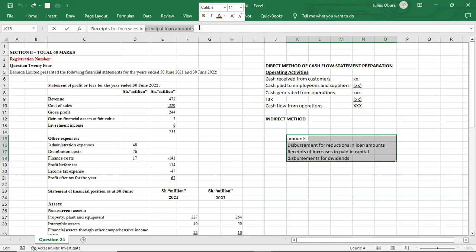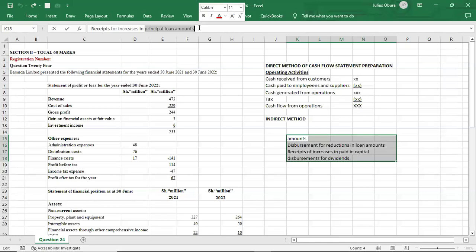The interest on that loan, normally, you will classify it under operating activities, because the argument is that the interest from a loan is not really a financing activity. The interest is a fee that you pay so that you can use that loan.